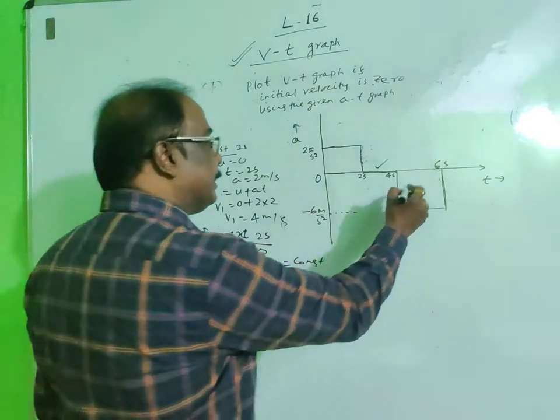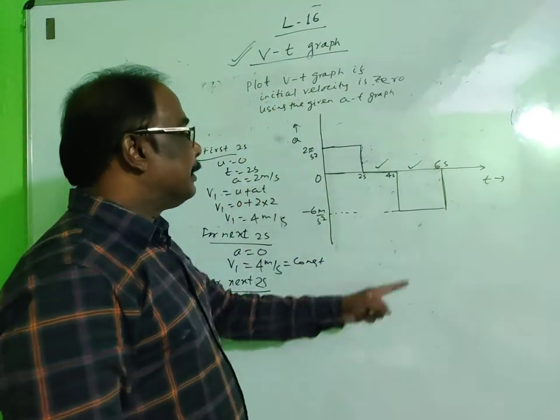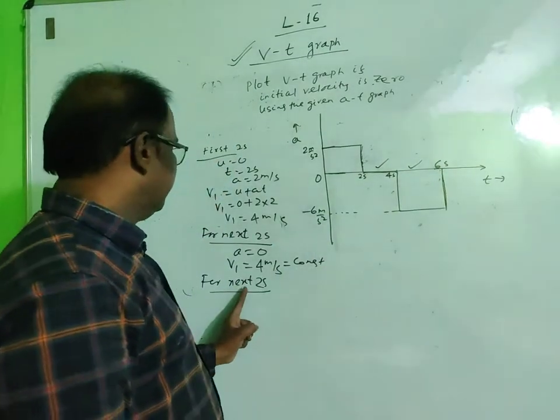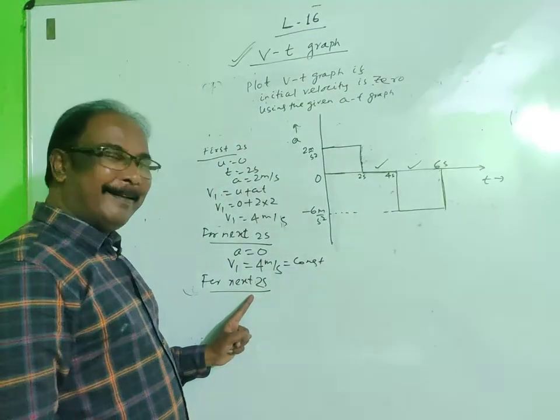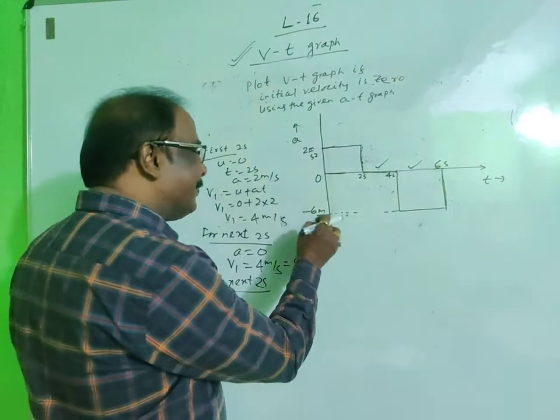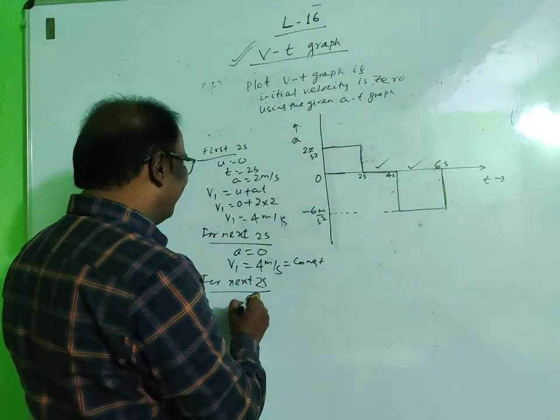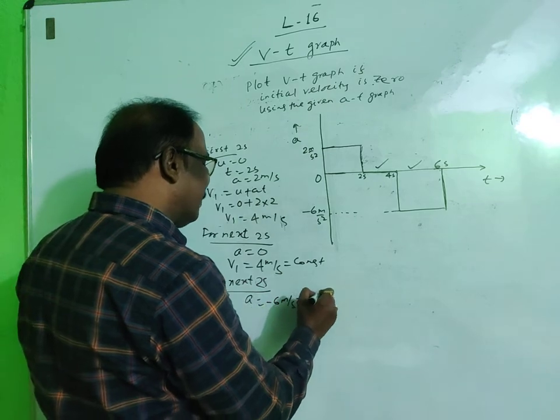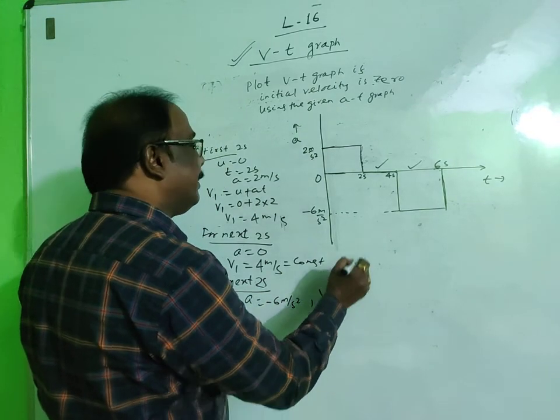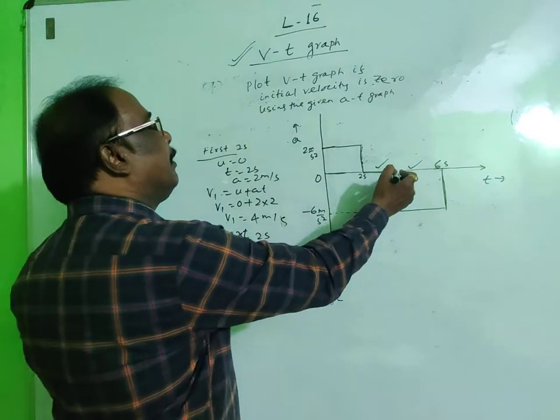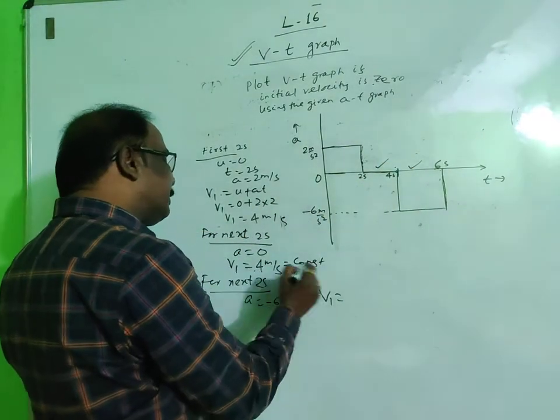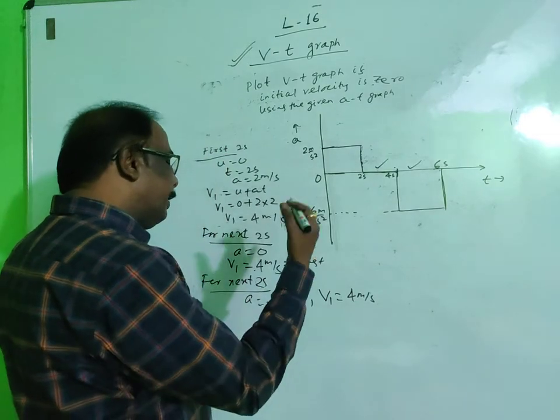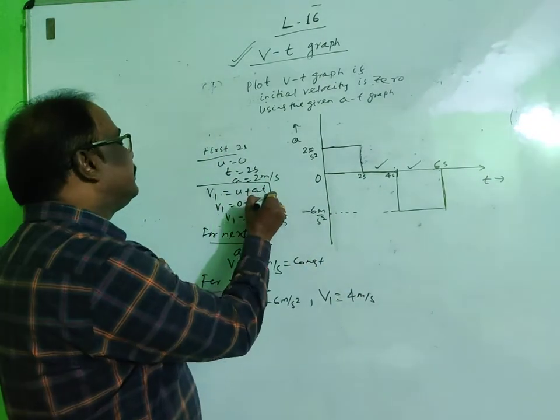For the next 2 seconds, from 4 second to 6 second, this is the final 2 seconds, and motion is retarded here. Retardation is minus 6 meter per second square. But in place of initial velocity, we use this V1. At the end of 4 second, velocity is V1, that equals 4 meter per second. We have to calculate final velocity using the same equation.